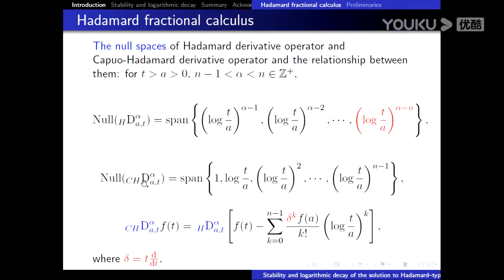For the capital Hadamard derivative, the null space is given like this: 1, log t over a. These two kinds of definitions are not equivalent with each other, but there is a relationship between them given by this equation. Okay, this initial value.